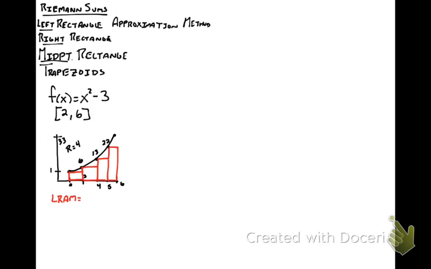And so the area under this curve is approximated by this. Notice, since this function is increasing, my approximation is going to be less than the curve, because the left side will always be the low end of every rectangle. All of my rectangles, conveniently in this case, have an equal width.